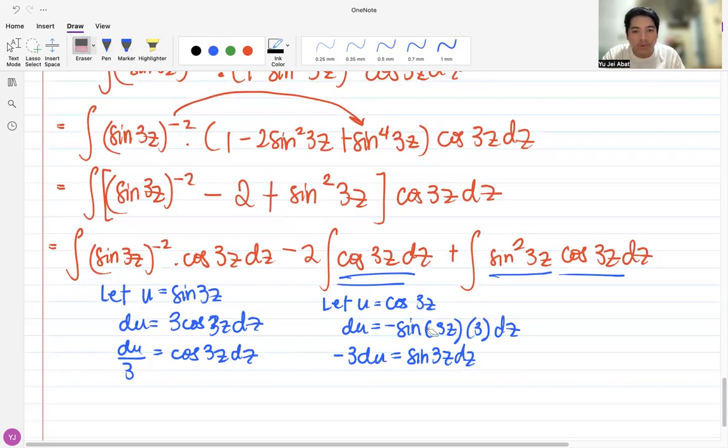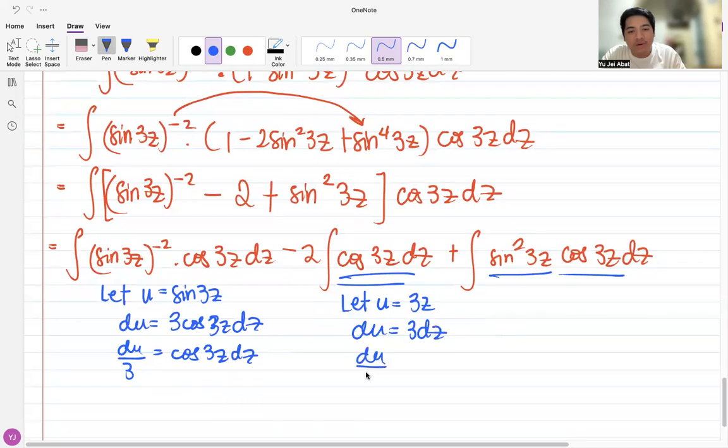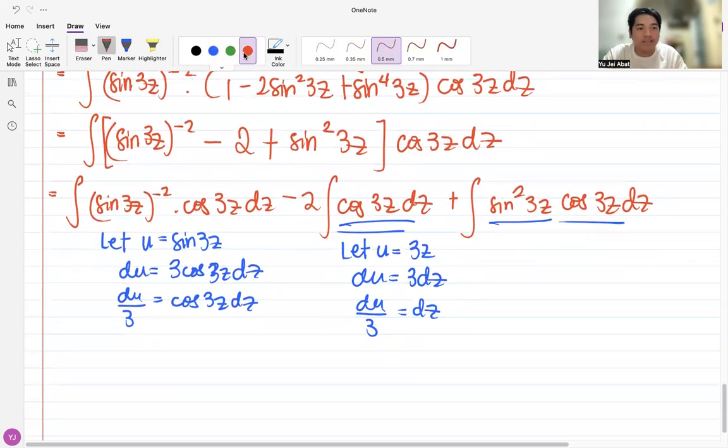Or no, it's probably not correct. I'm so sorry. We're going to let u as 3j only. So the du would be 3 dj. That would be du all over 3 equals dj. So that's what we're going to do there. It's just the u-substitution of the input of the cosine.